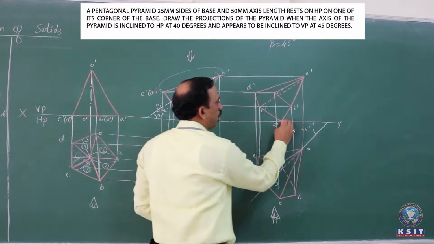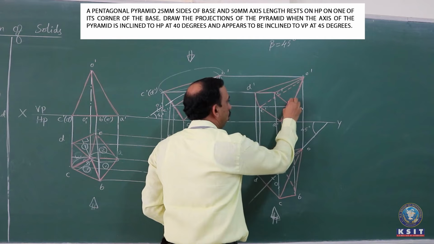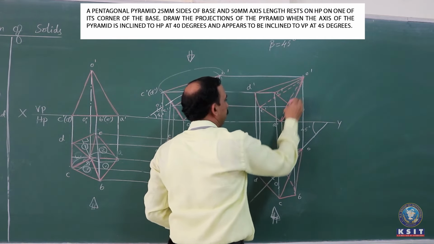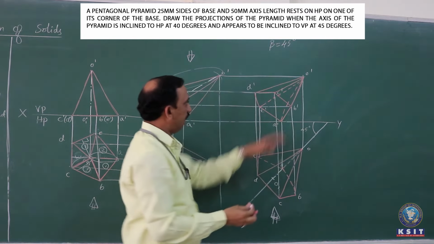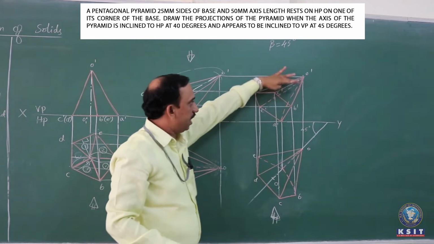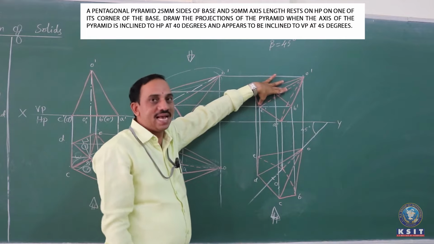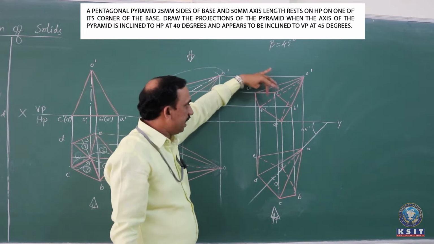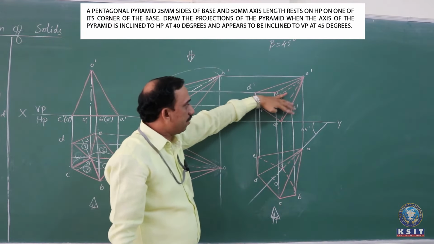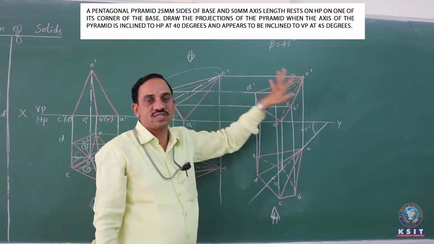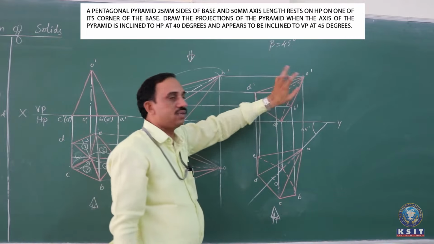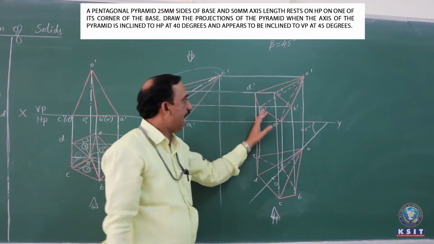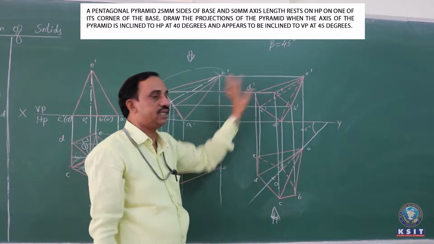Next, when you join from A to O as invisible, you get the other triangle OEA. So totally we have OED, OEA, OEB as three triangles which are completely invisible. Only two triangles are visible out of 5 triangles, and one pentagonal base face is completely visible.